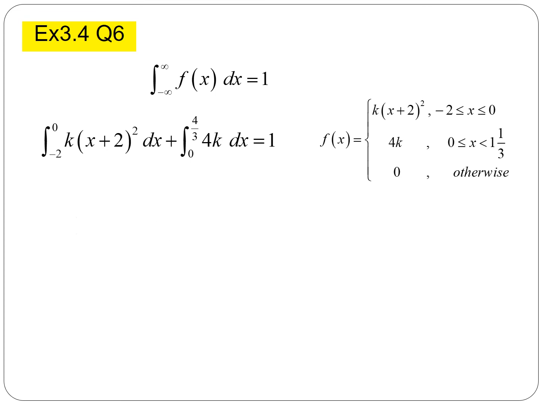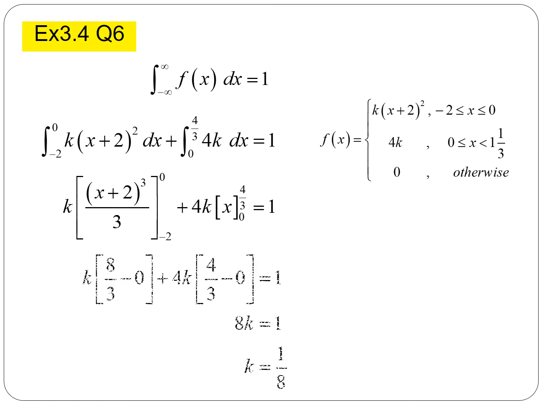Okay, you integrate. The first one is a composite function, so the integral is (x plus 2) cubed over 3. Okay, the second one is 4x actually, from x equals 0 to 4 over 3, equal to 1. Okay, substitute the limits.